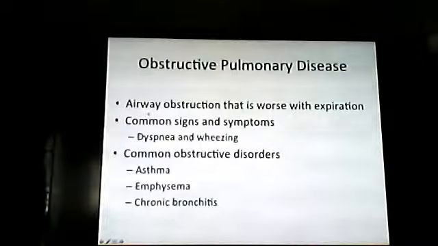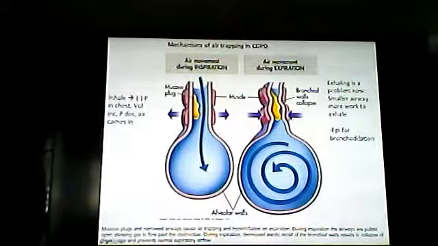With obstructive pulmonary disease, again, it's very difficult to expire, so breathing out, and you can have dyspnea and wheezing, so just difficulty breathing. With COPD, the chronic obstructive pulmonary disorder, you can have a mucus plug.